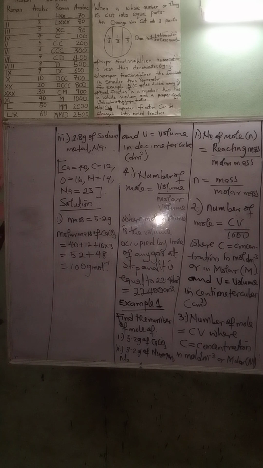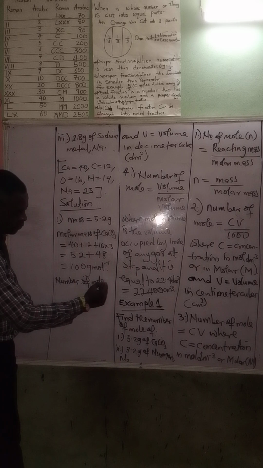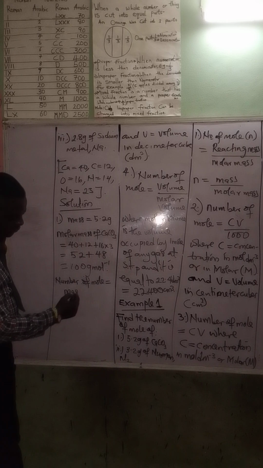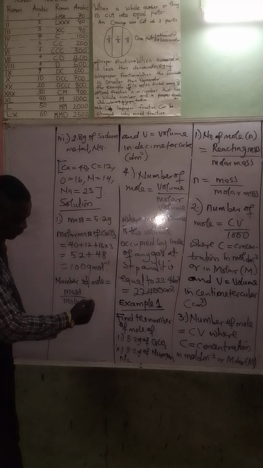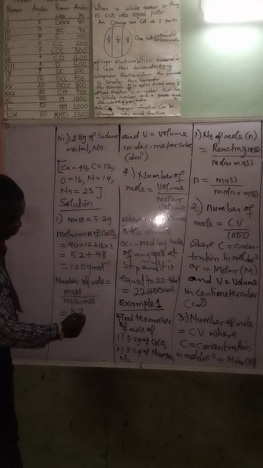Now our formula is number of mole, or amount in mole, is equal to mass over molar mass. The mass here is 5.2 gram and the molar mass is 100.